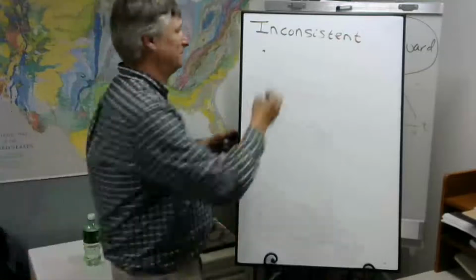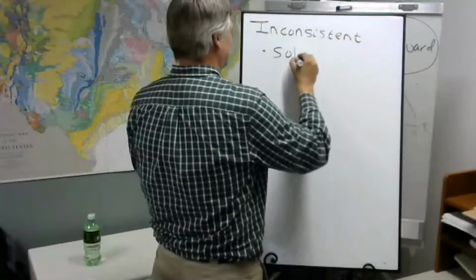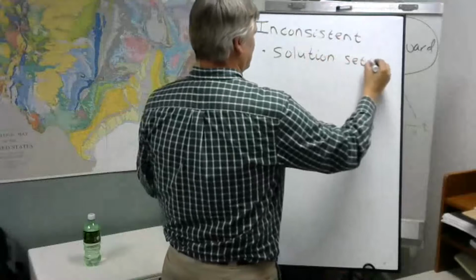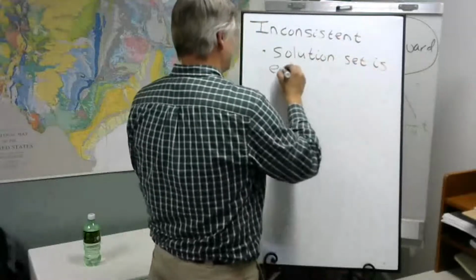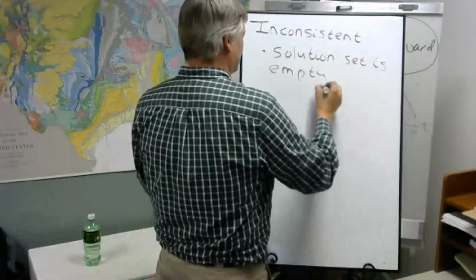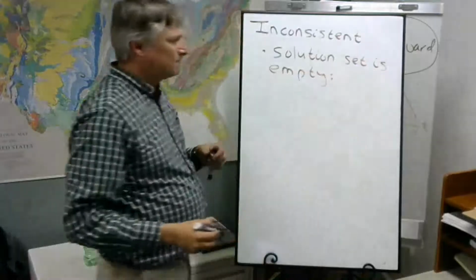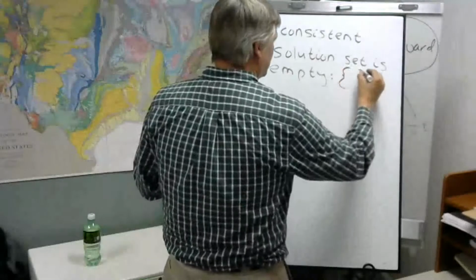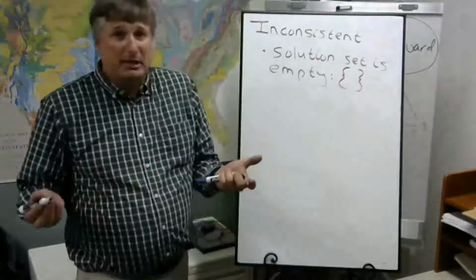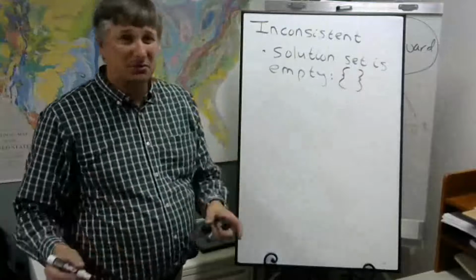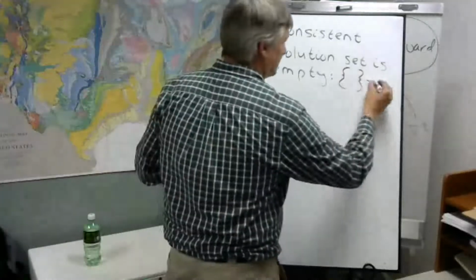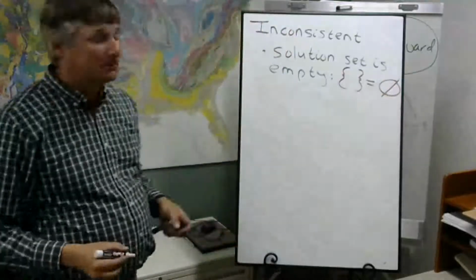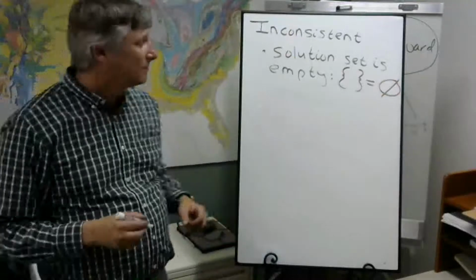It's empty. When a solution set's empty, you can write it as just curly braces that don't contain anything. But there's a special symbol that we use. The special symbol is a circle with a slash, or what we call the empty set.